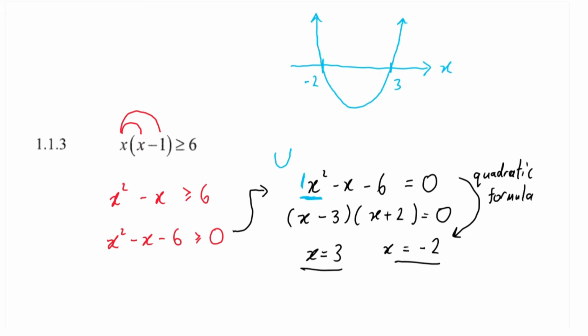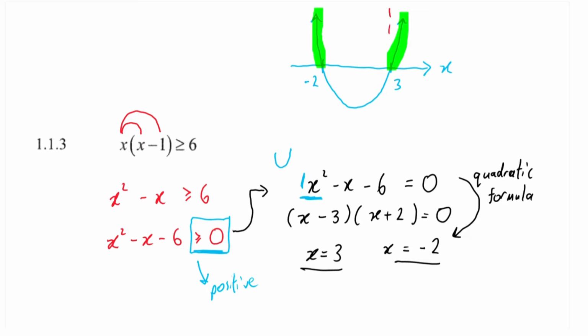In our question, we want it to be greater than or equal to 0. Greater than or equal to 0 means positive. If we want it to be positive, that would mean above the x-axis. So that's our positive values. How do we write the inequalities for the positive values?